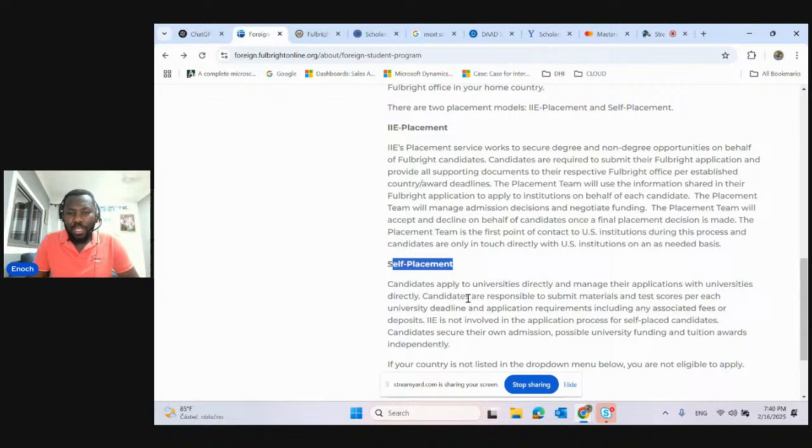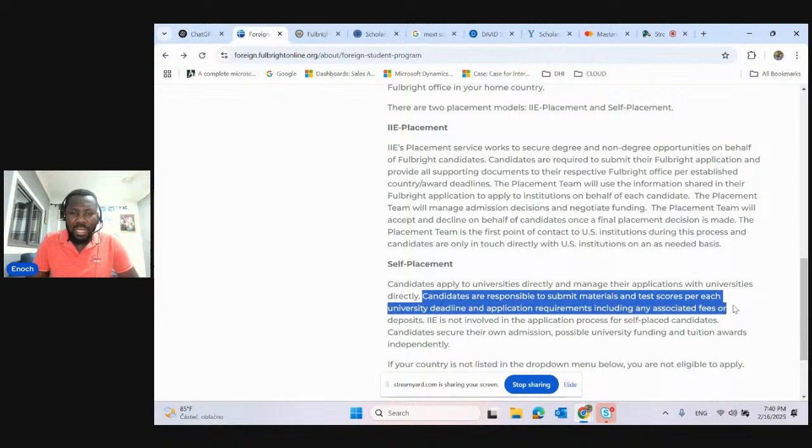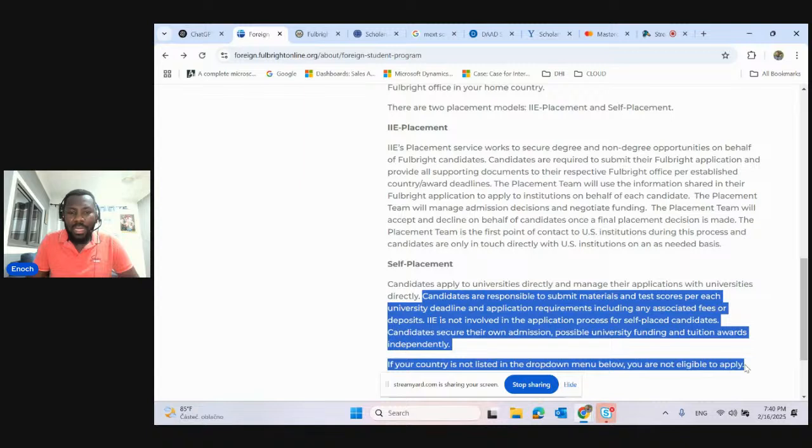Candidates are responsible to submit materials and test scores per each university deadline and application requirement, including any associated fee or deposit. IIE is not involved in the application process for self-placement candidates. Candidates secure their own admission, possible university funding, and tuition towards awards independently.